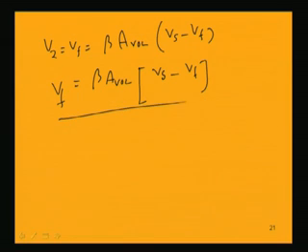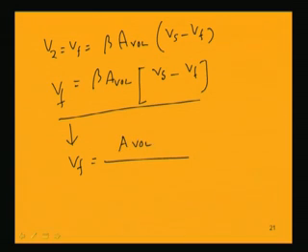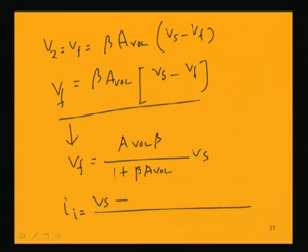So, from here what we get is that finally Vf is obtained as AVOL beta by 1 plus beta AVOL into Vs. Now we can write the current II equal to Vs minus AVOL beta by 1 plus beta AVOL into Vs, divided by RID.